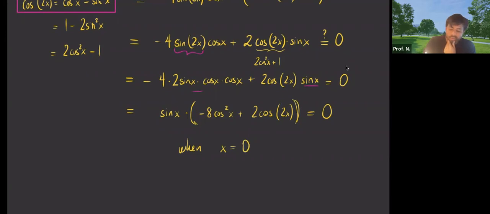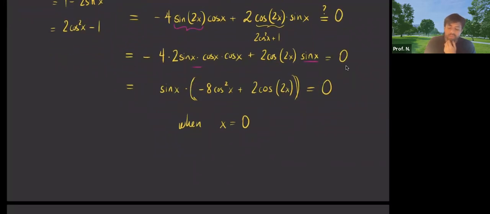If I plug in 0, sine of 0 is 0, 0 times whatever is 0. So what did I just show? I showed that the Wronskian does equal 0 for a value of x on the interval negative infinity to infinity, which is 0.